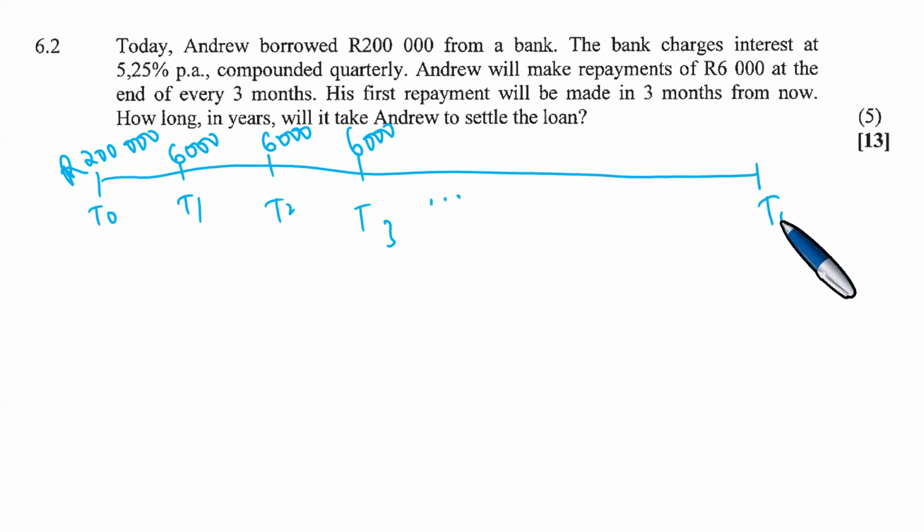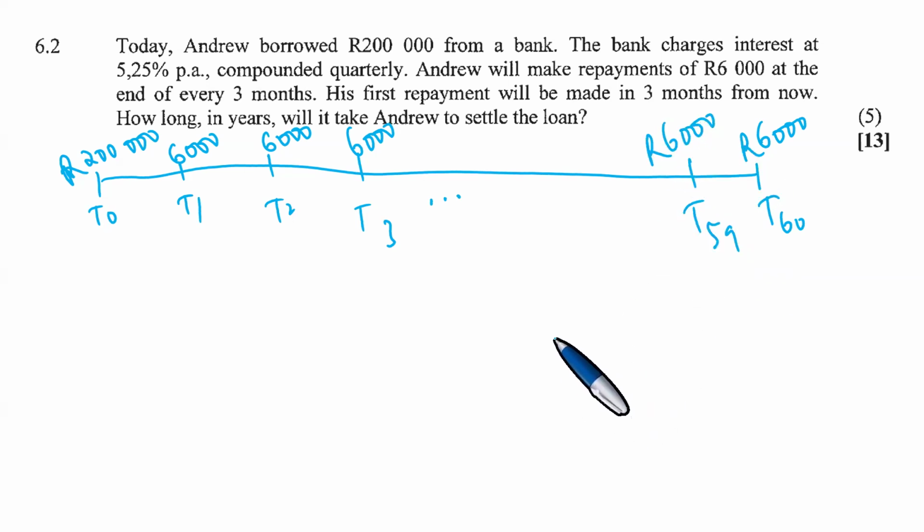So this is exactly what we have, with repayments of 6,000. The question then becomes, this is 3 months, 3 months, 3 months, everywhere.